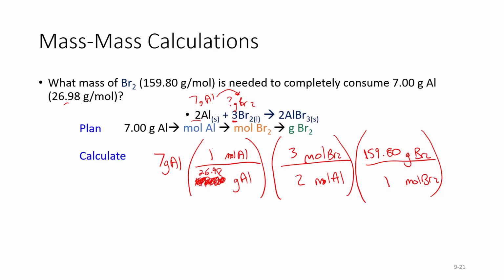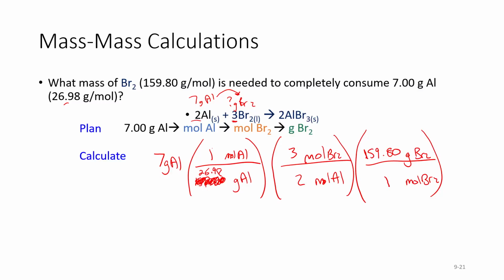So we're going to multiply across the top and divide away that bottom. Parentheses, 7 times 3 times 159.8, close the parentheses, divided by parentheses 26.98 times 2.